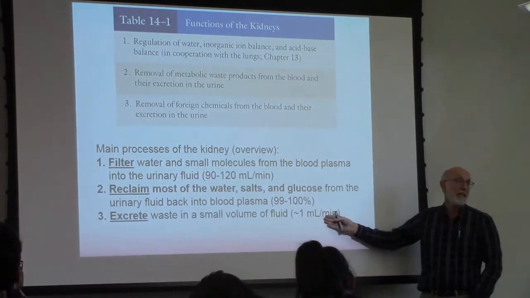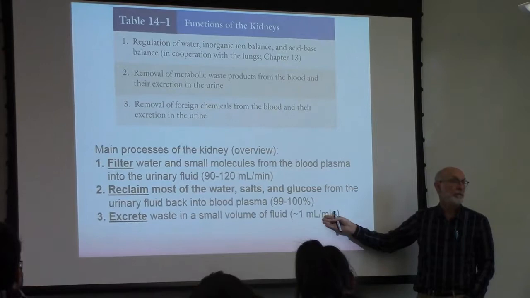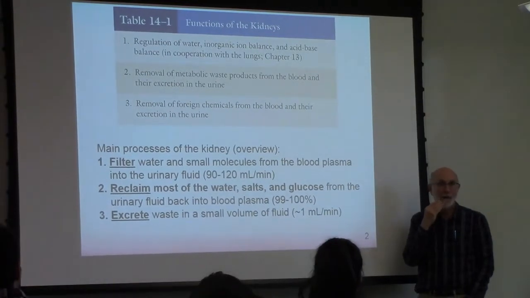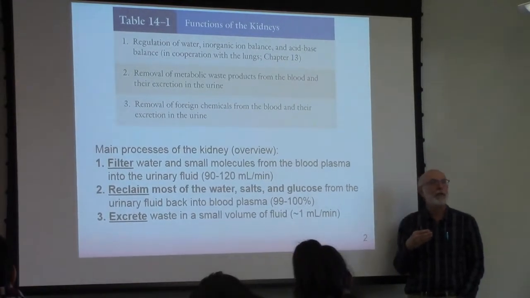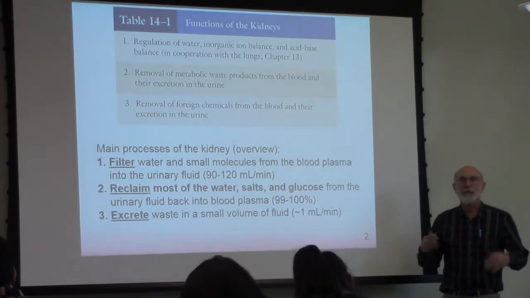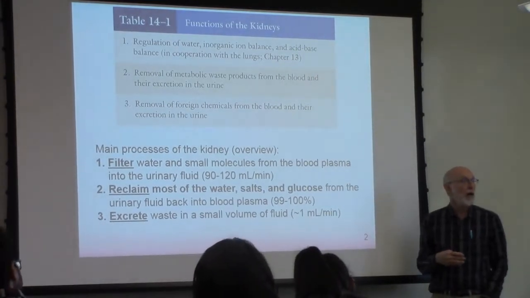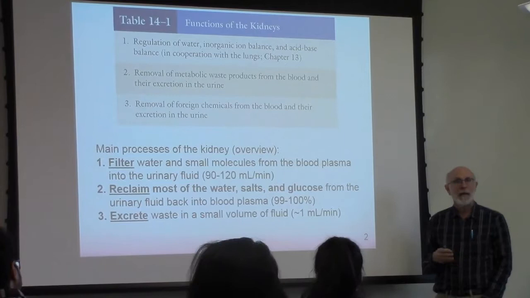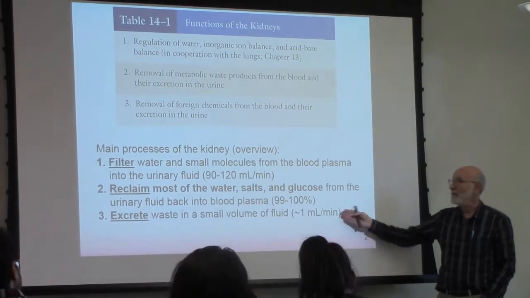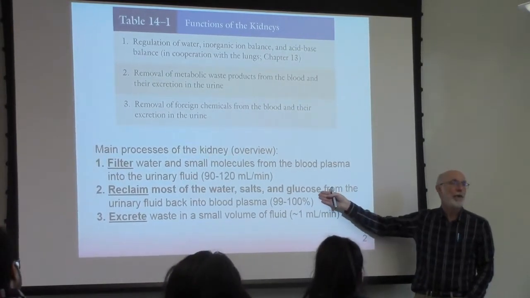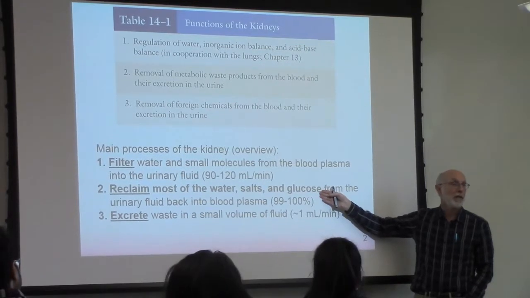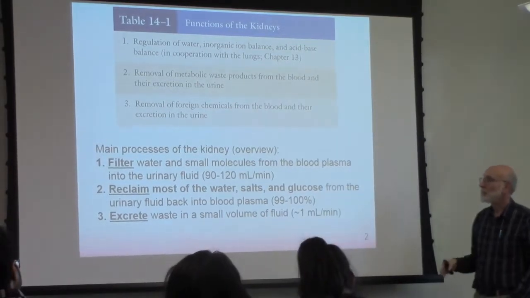And then the rest gets excreted. It doesn't seem like the most rational mechanism for it, but it's what we have evolved. It allows us to get rid of everything and then recover what we want, what we need. It works. Obviously it works.